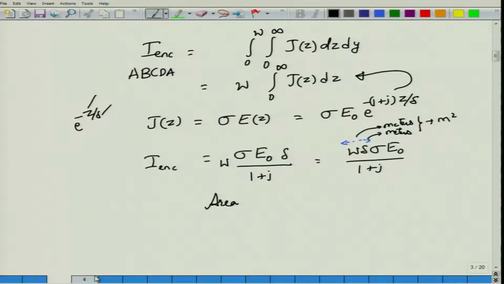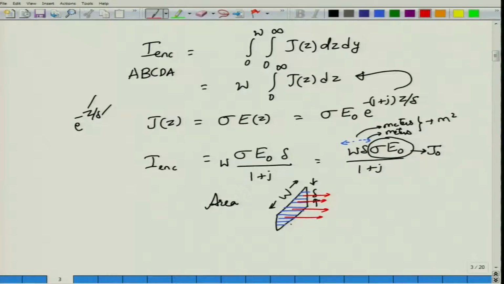What is this area? This area has a width of W along the y axis, and along the z axis it is not infinity, but the z axis width is just about delta. And you already know that this sigma E0 is the current density J0, which can now be considered to be uniform over this cross section. So over the cross section, which is W wide and delta thick, you can assume that the current density passing through perpendicular is uniform and has a value of J0.